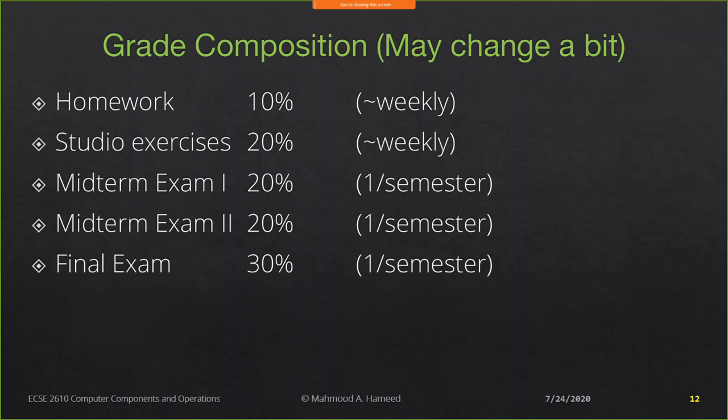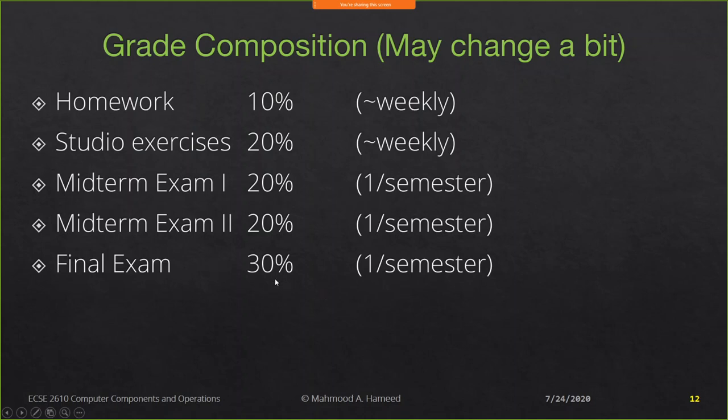Studio exercises, 20%, and they will be weekly. Midterm 1, 20%, once a semester. Midterm 2, 20%, once a semester. Final exam, 30%, once a semester. The thing I'm trying to change is the final exam.